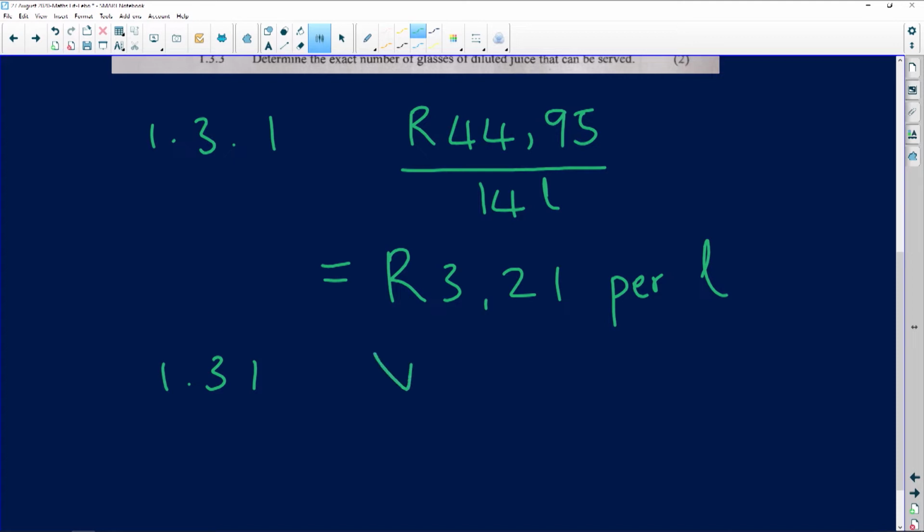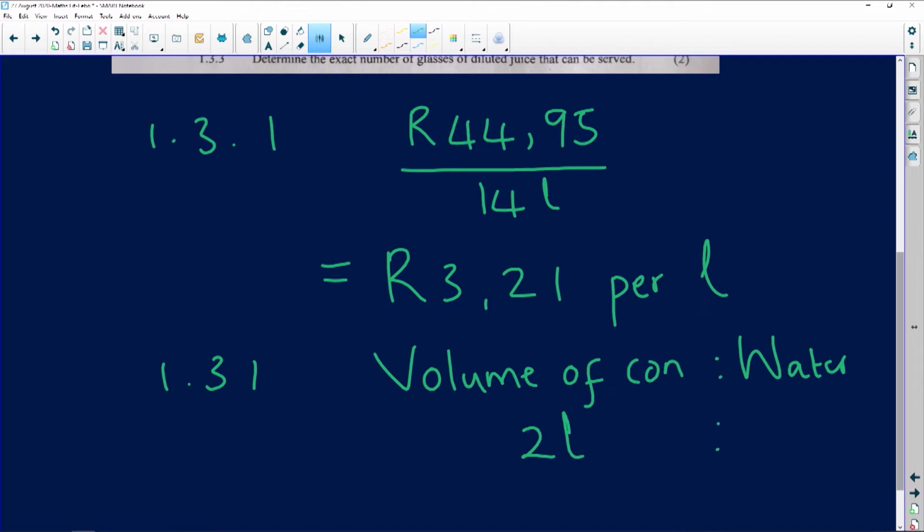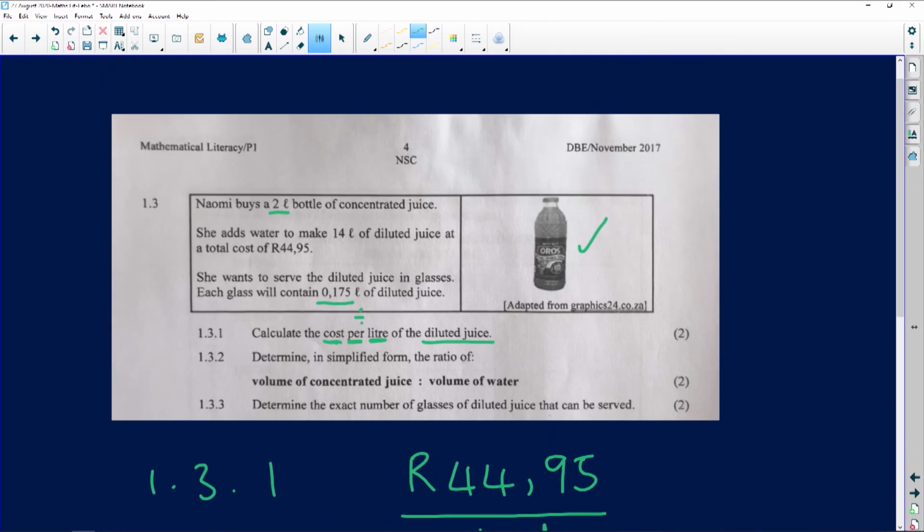So the volume of concentrate to volume of water. The volume of concentrate juice is 2 liters. And the volume of water, we're going to say 14 minus this 2 over here, because they said that when everything is together, it makes 14 liters.